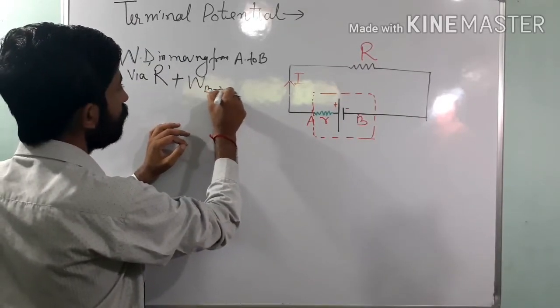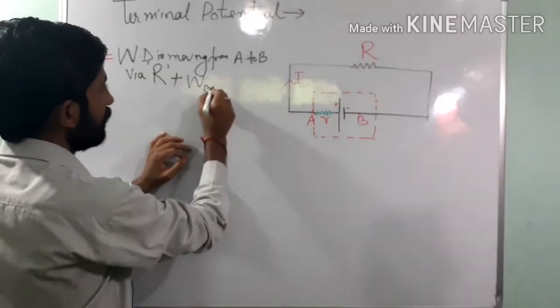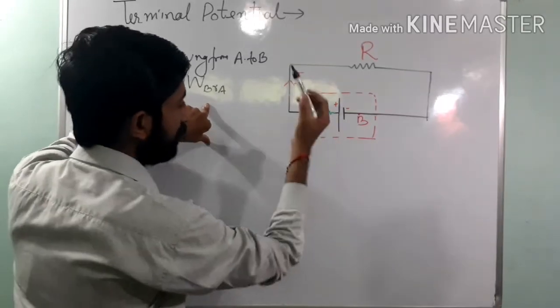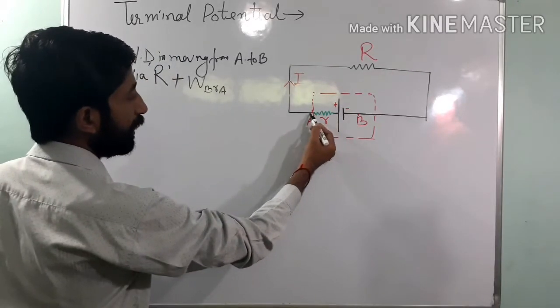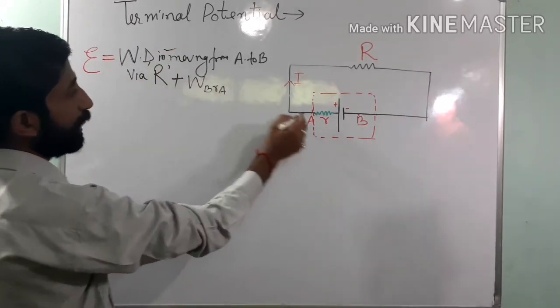For specification I must write BRA, meaning through the cell. The charge is being moved from B to A but through the cell, and the first term is for the external path.